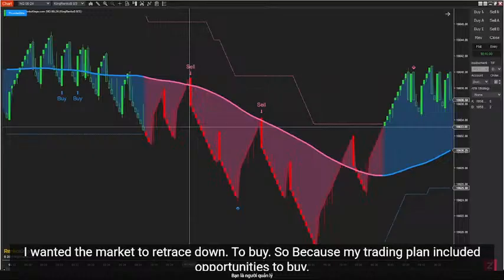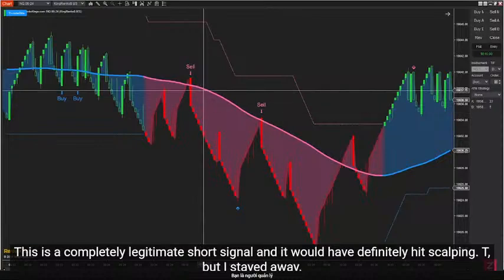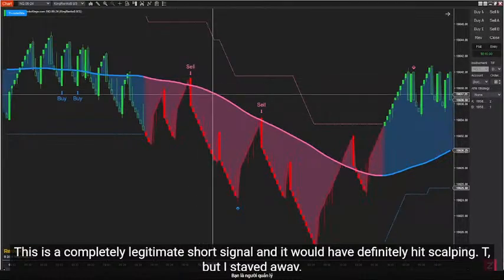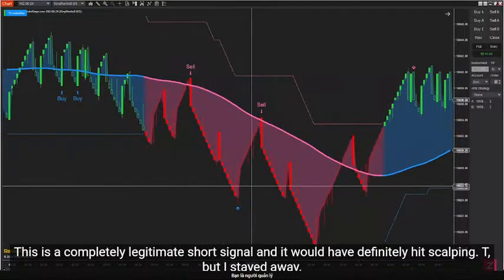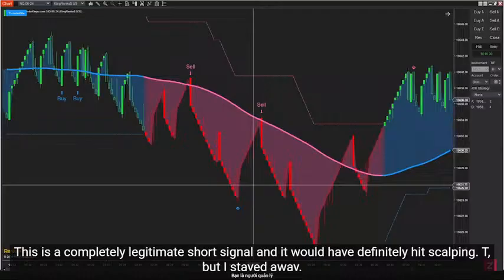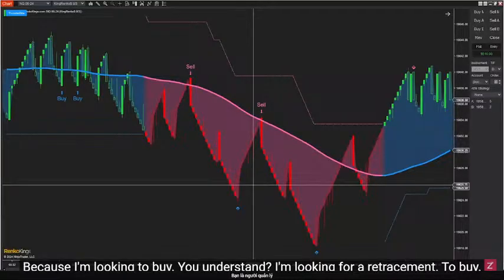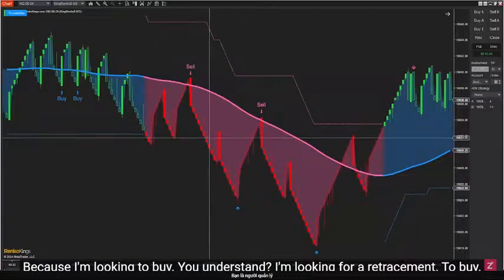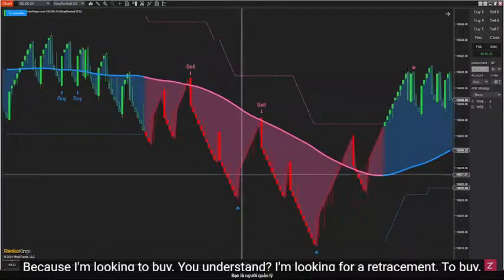I wanted the market to retrace down to buy. So because my trading plan included opportunities to buy, this is a completely legitimate short signal, and it would have definitely hit scalping targets, but I stayed away because I'm looking to buy. You understand? I'm looking for a retracement to buy.